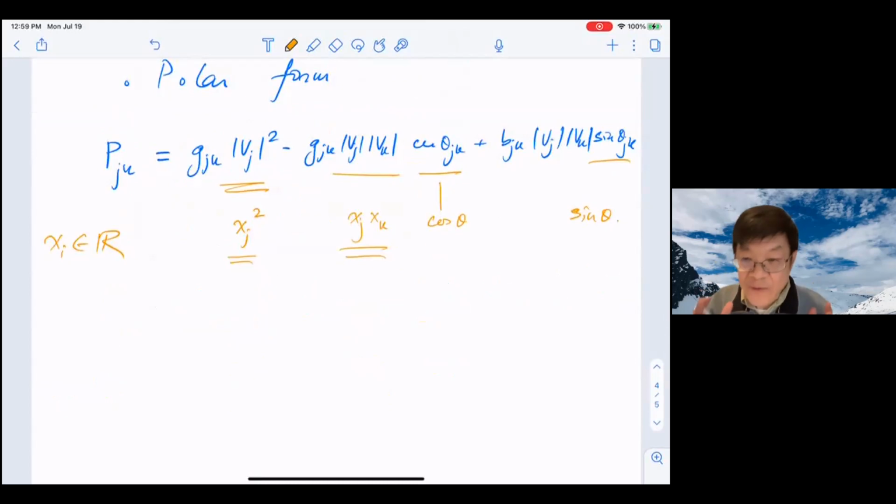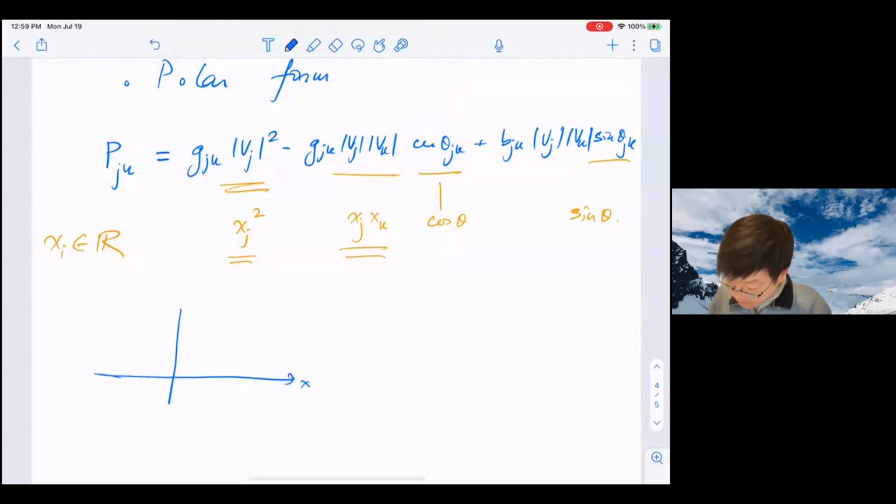As a constraint for your OPF, it means that your power flow solution or your optimization variable needs to lie on these nonlinear lines. So, for example, if it is x squared, then this defines your feasible set. It has to be on that line, right?